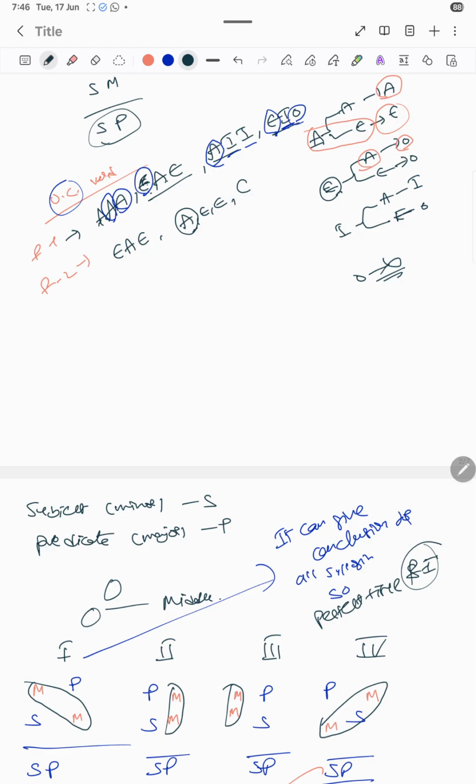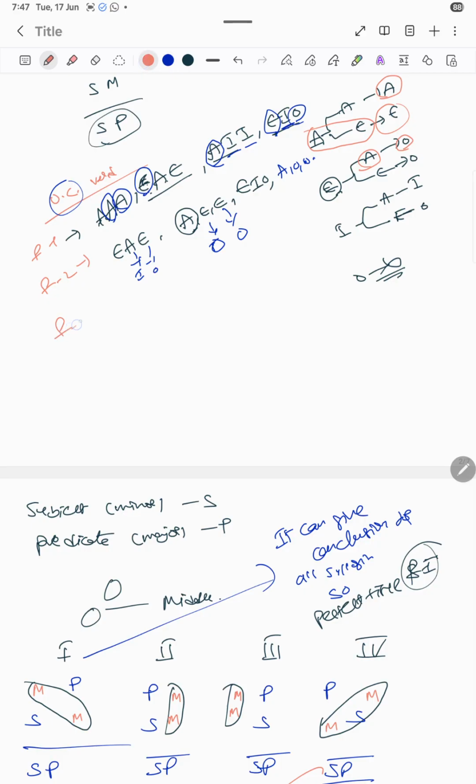And what are the subaltern forms of this? Subaltern of A is I, subaltern of E is O. So it is EIO. And again, subaltern of E is O, so again we will get AOO. Are you getting? This is figure 2.